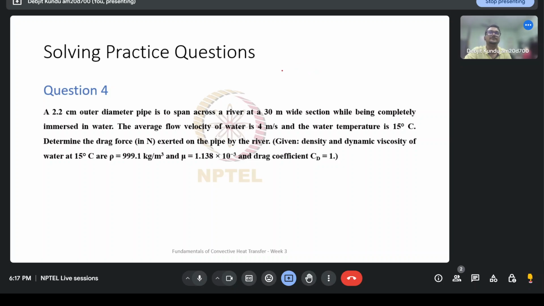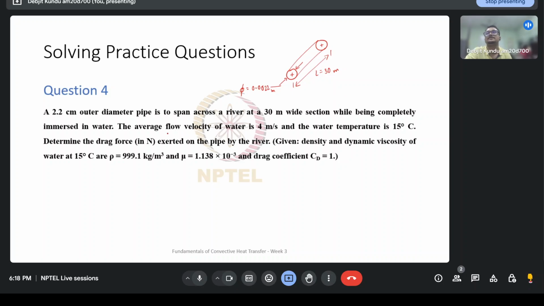So what we have is a river flowing, and in between we have a circular cylindrical pipe like this with a length of 30 meters, and the diameter is 2.2 centimeters. So in meters I will write 0.022 meters. That's the diameter of it.